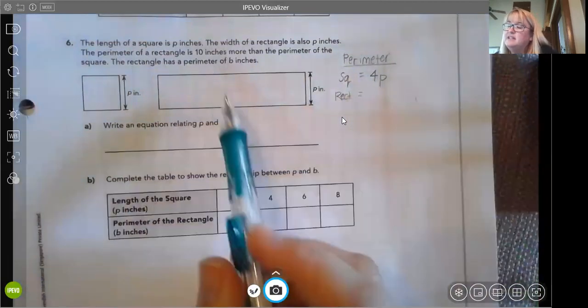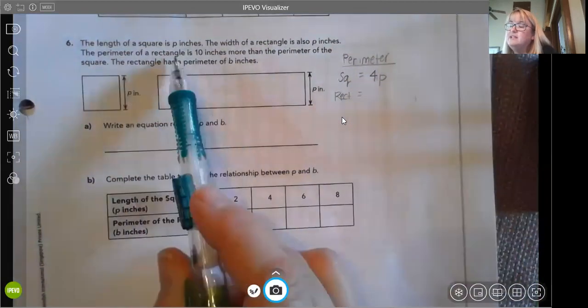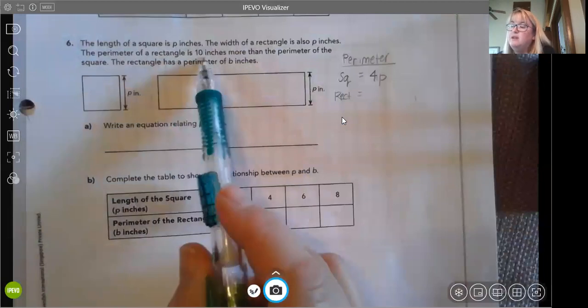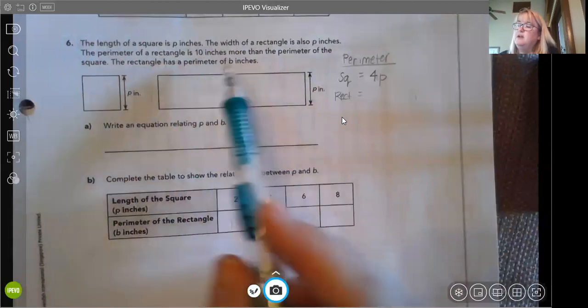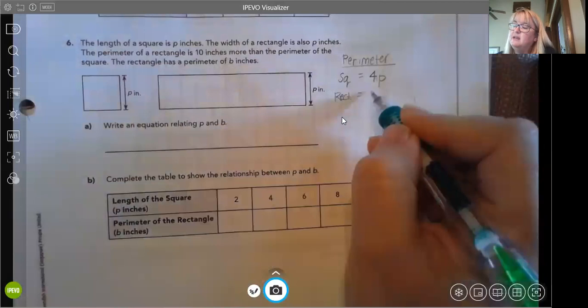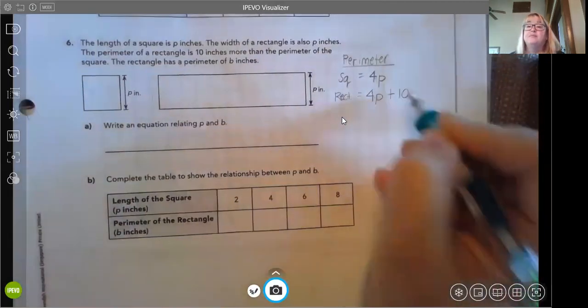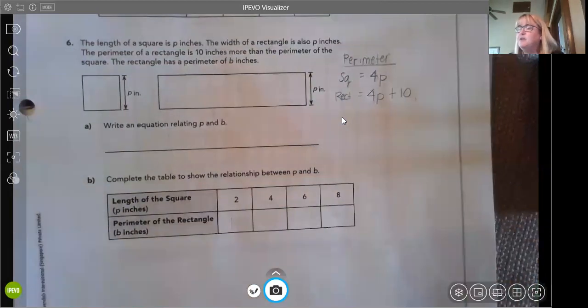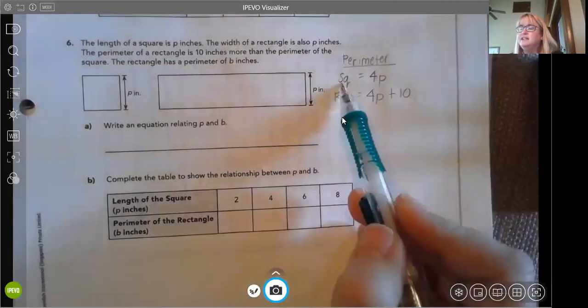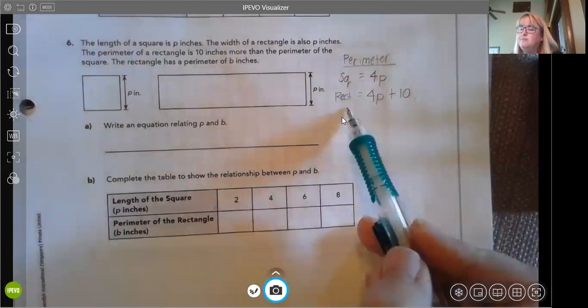Then it says the perimeter of the rectangle is 10 inches more than the perimeter of the square. Well, if the square is 4P, 10 inches more would be 4P plus 10. So this stands for the perimeter of the square, and this stands for the perimeter of the rectangle.